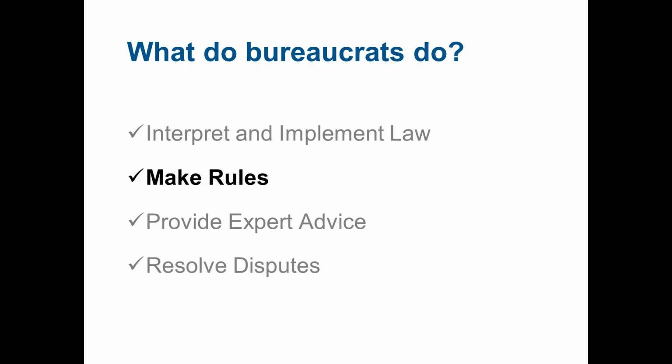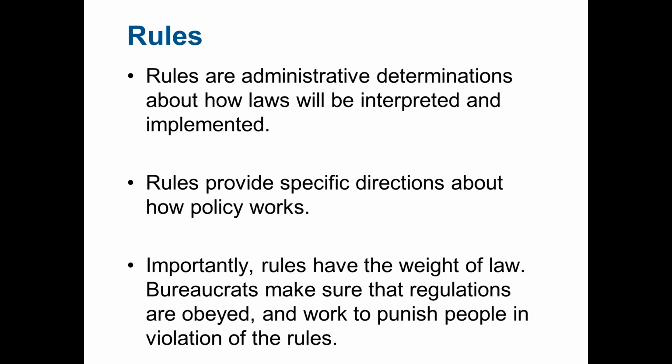And the primary means through which this is done is the issuing of what are known as rules. So in the context of the bureaucracy and implementation, the term rules means just at the administrative level determining how the law is going to be implemented and putting forth guidelines to do that. So rules are, as I've just discussed, basically the specifics of how the law that's passed by Congress gets put into effect.